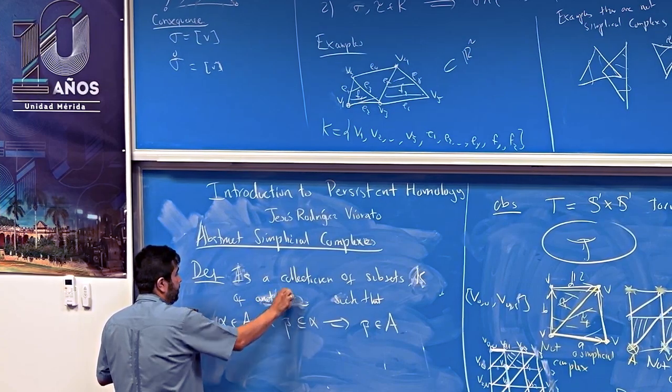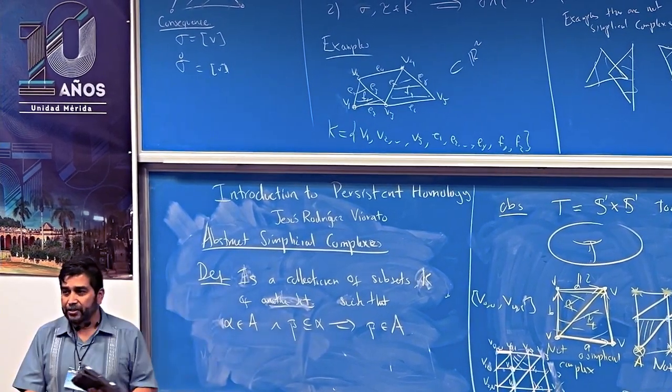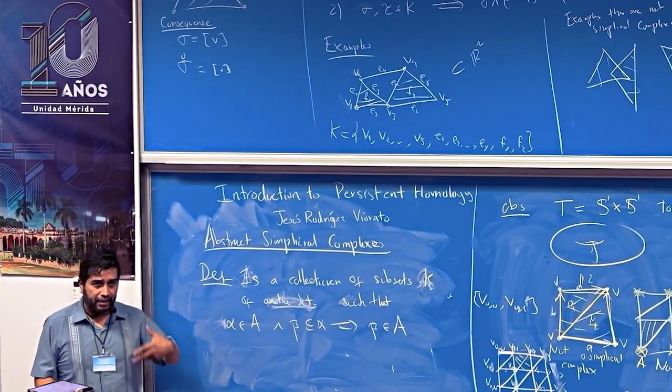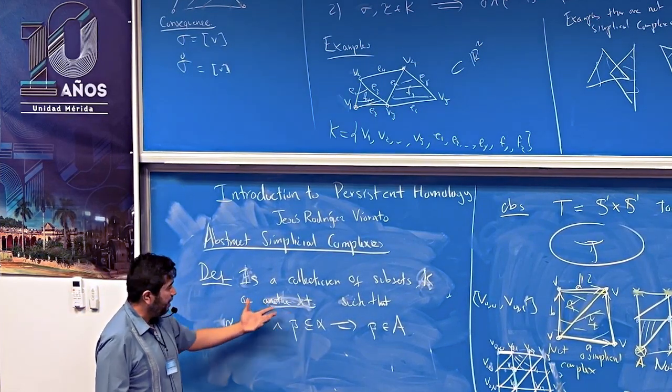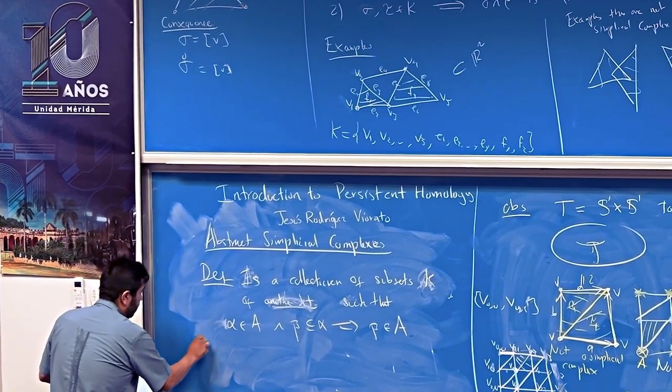It can be another set. It doesn't need to be a collection of vertices, but we always think of them like vertices. What we have here is just a collection of things.